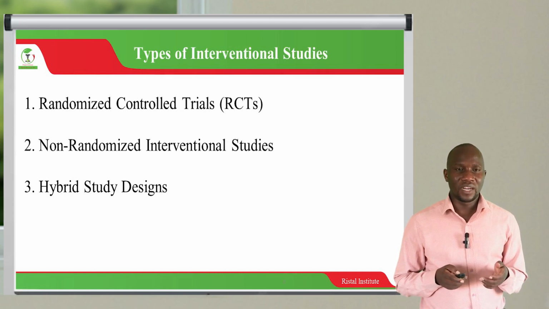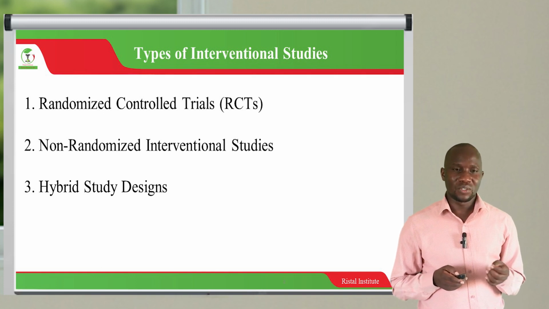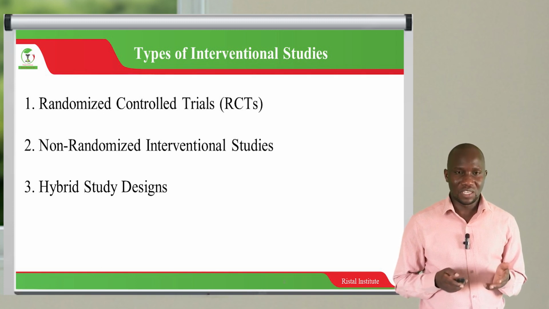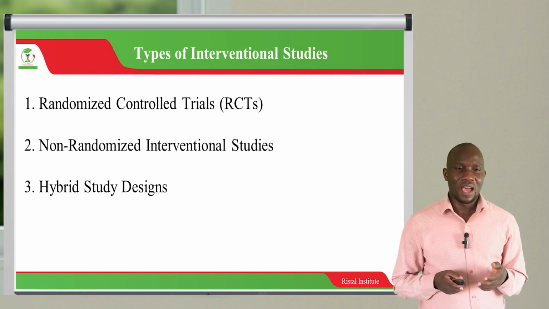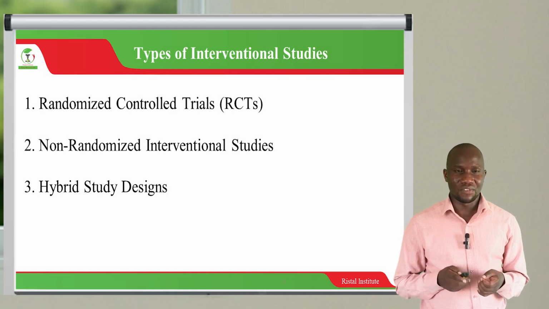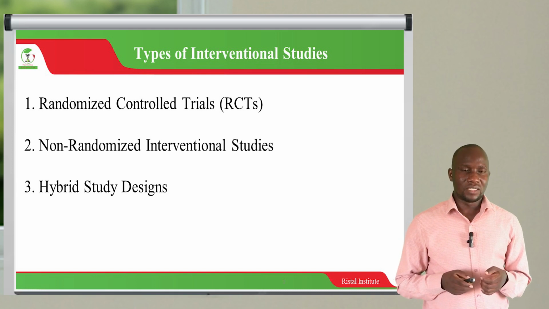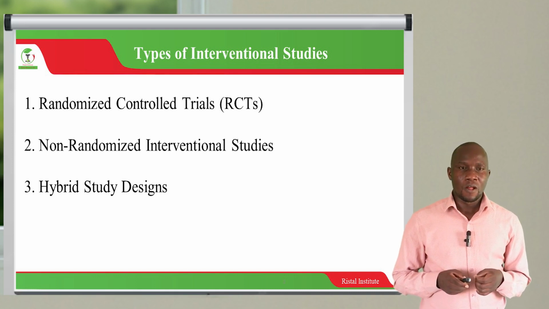We can categorize interventional studies into three: randomized controlled trials, which we often refer to as RCTs, and then the non-randomized interventional studies, and then the hybrid study designs. We'll look at each of those.